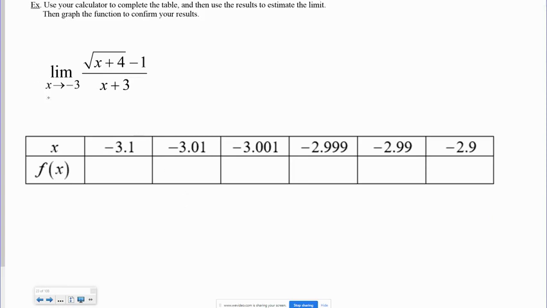If I wanted to find the limit to this problem using a numerical method, I understand what this is saying.